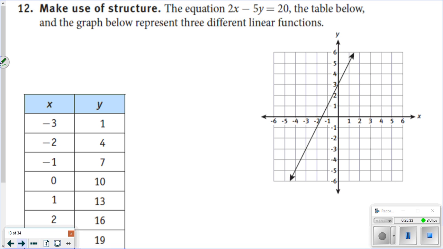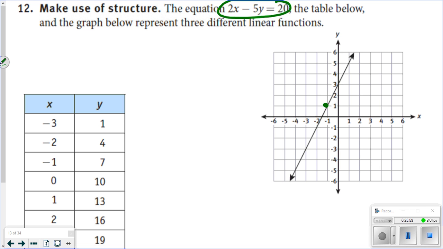Question 12. We're going to find which function, from this equation, the table, and the graph, has the greatest, the largest slope. Okay, so I want you to pause the video and find the slope.